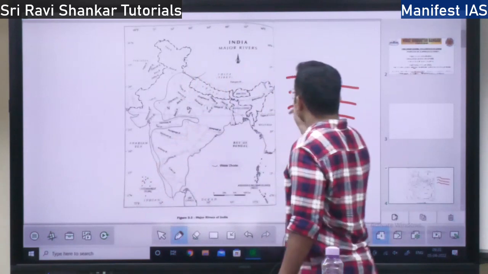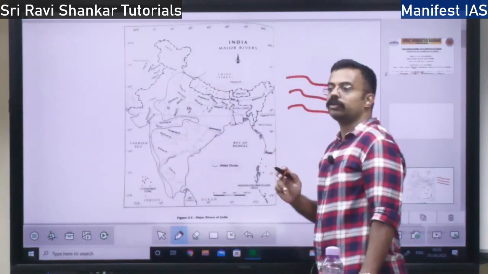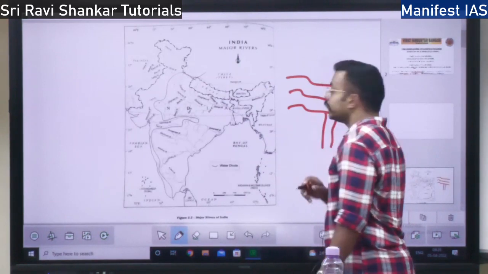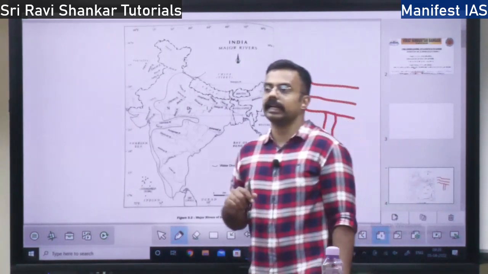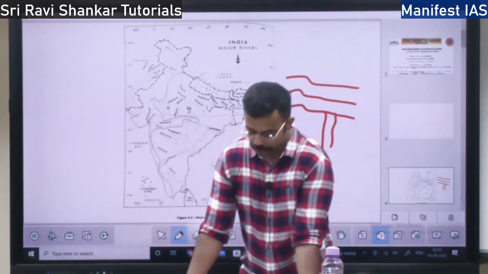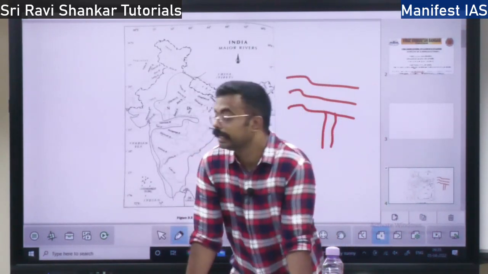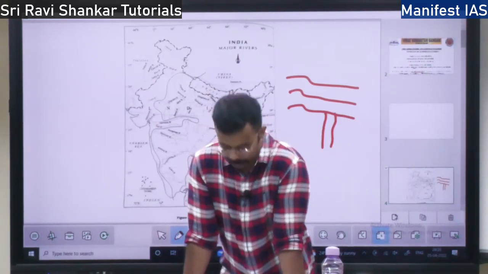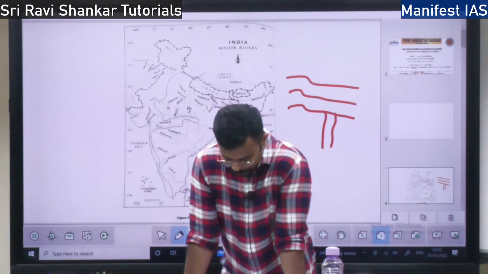The primary tributaries are flowing parallel to one another. The secondary tributaries will come and join the primary tributaries at 90 degrees, at a right angle. That is the trellis pattern of the drainage system, right?